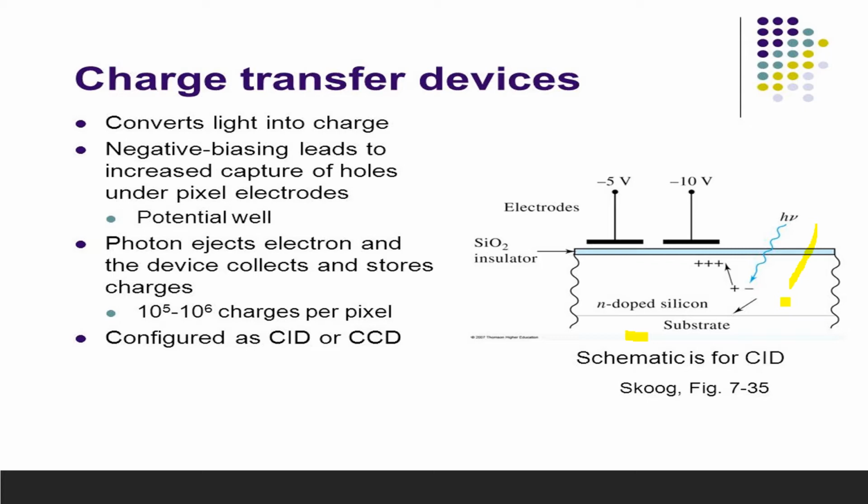Then there will be creation of potential well. Photon ejects electron and device collects and stores charges. There are 10 raised to power 15 to 10 power 16 charges per pixel. This is configured as CID or CCD.